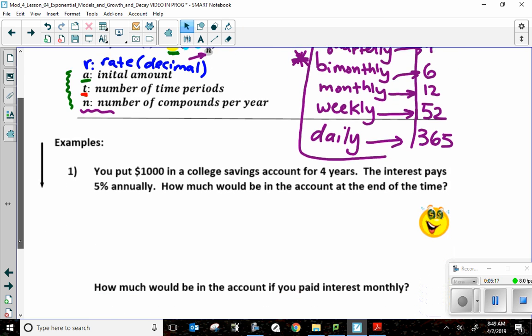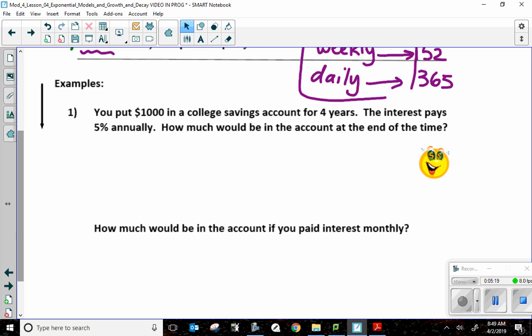Let's look down here. Example 1. You put $1,000 in a college savings account for 4 years. The interest pays 5% annually. How much would be in the account at the end of the time? So $1,000 is what we're starting with.